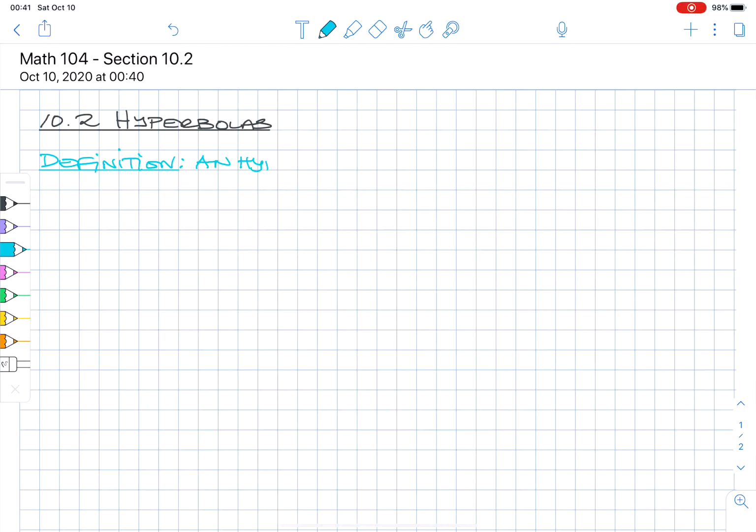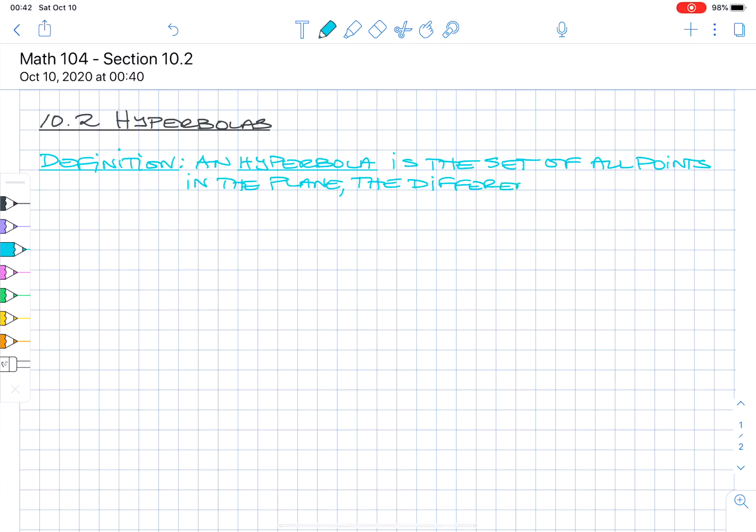A hyperbola is the set of all points in the plane, the difference of whose distances from two fixed points, and of course these points are once again the foci, is constant.